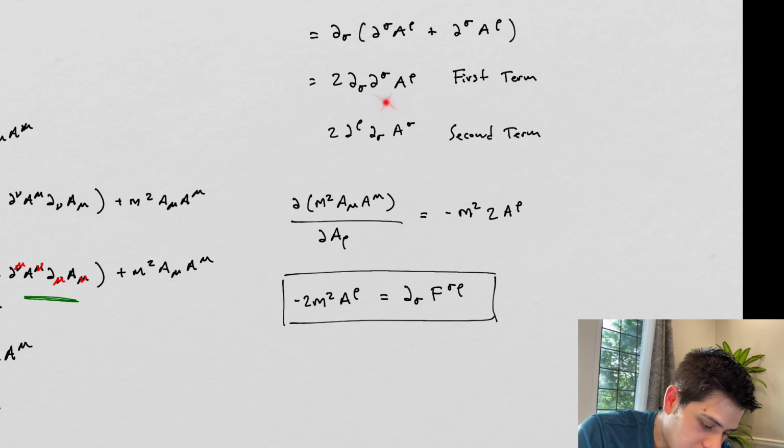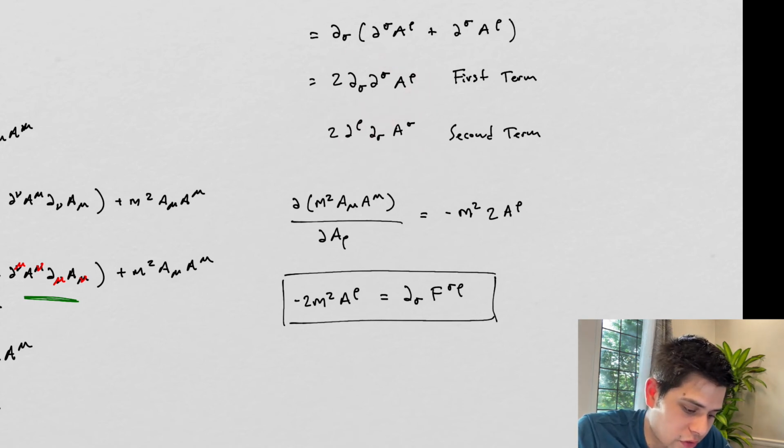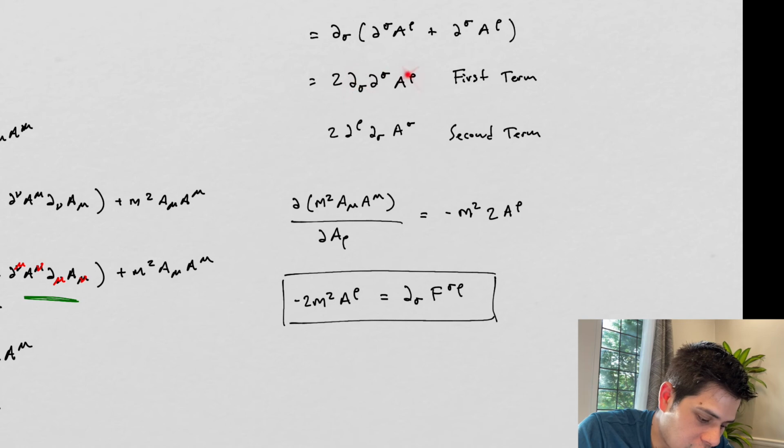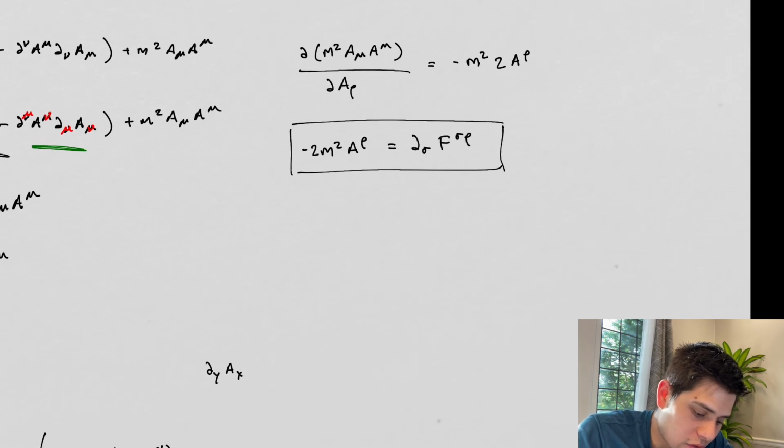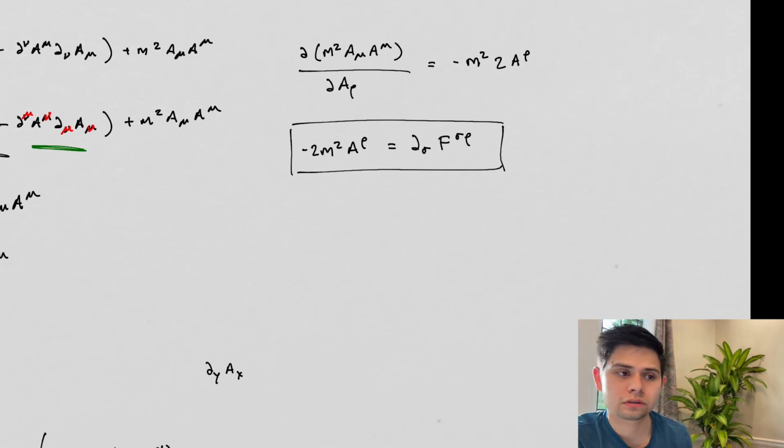We just took the sigma out, because when we take that sigma out, we realize we have d sigma a rho, d rho a sigma. So this is our equation of motion.